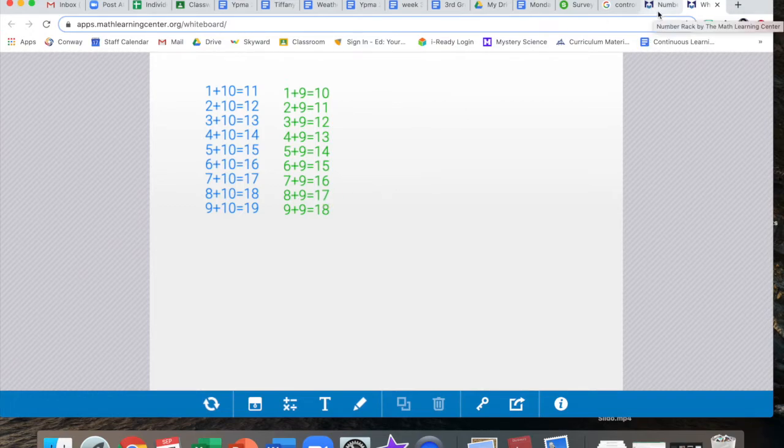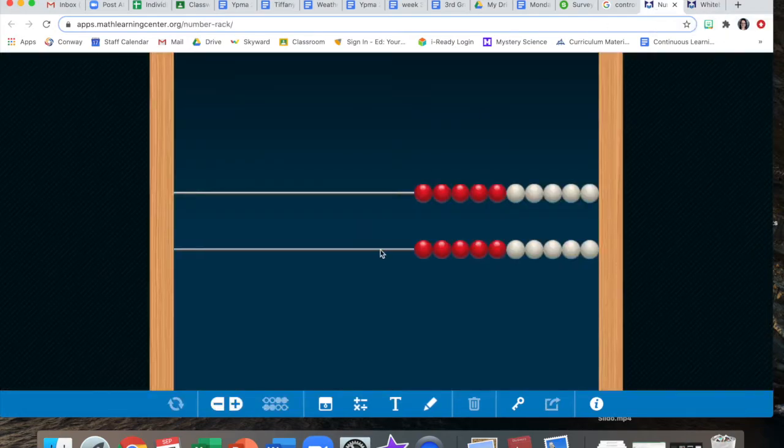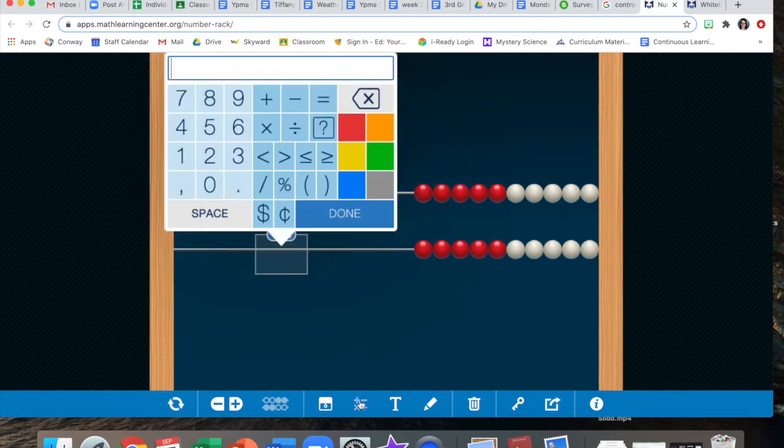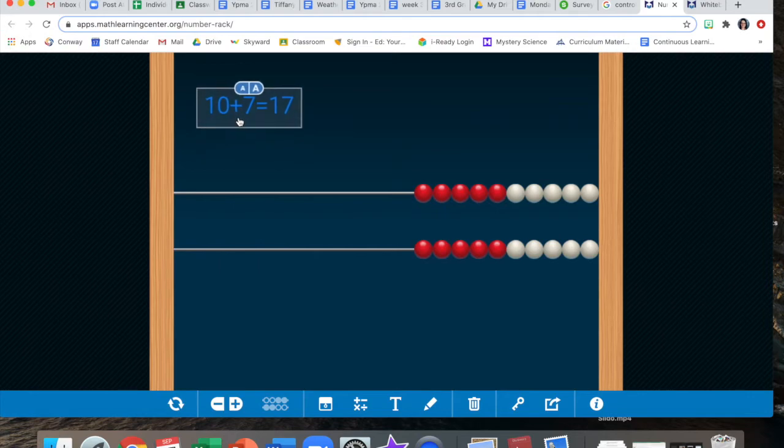Let's take a look at what that acts like on the number rack. So let's do 9 plus 7 and 10 plus 7. I'll put those equations up above. When we talk about 10 plus 7, which was 17, it'll be in blue.